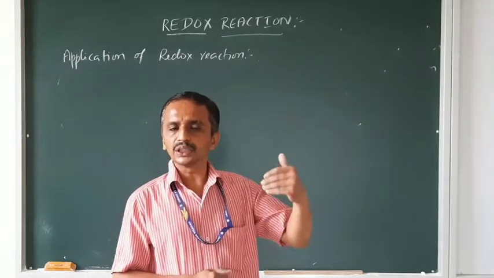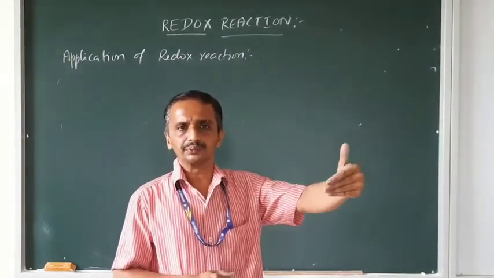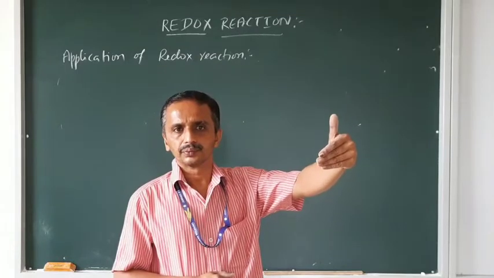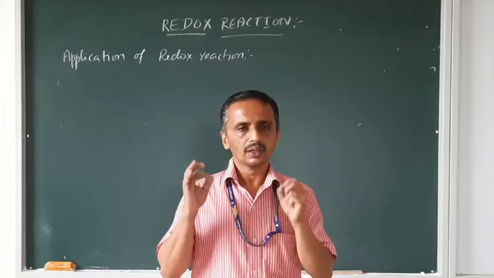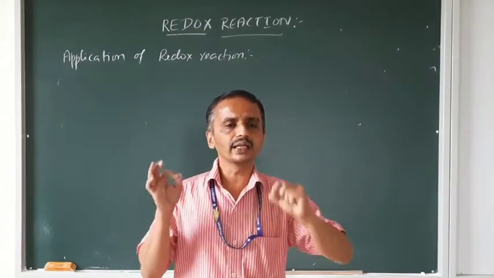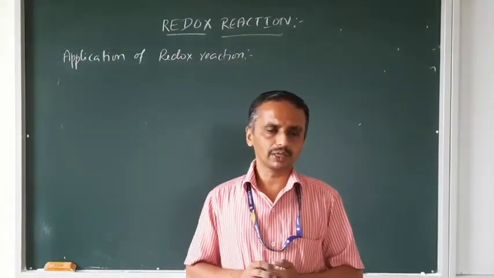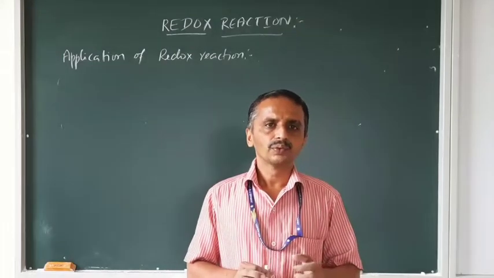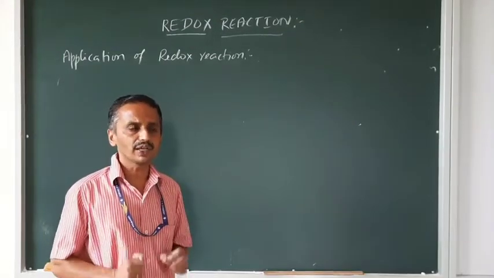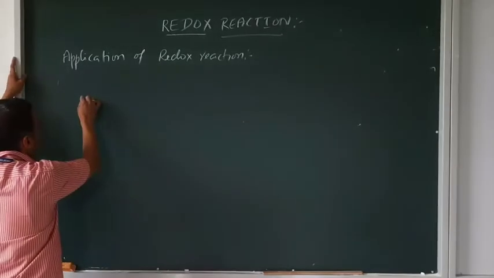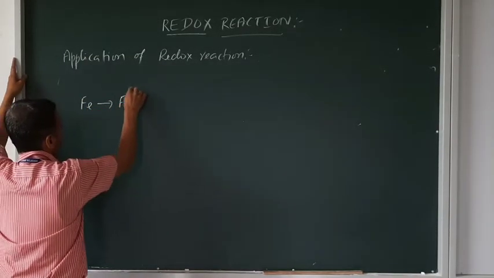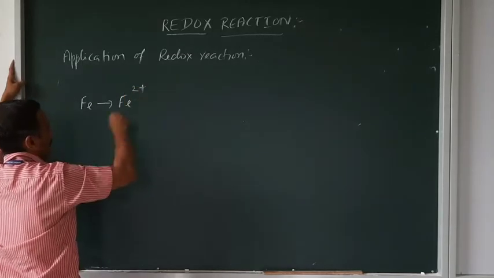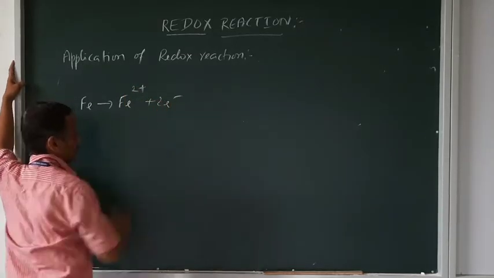Next, say the rusting of iron, which is the corrosion of the metal. By knowing the redox reaction, I can avoid the corrosion of the metal also. How does the rusting of iron take place? See, metal iron first undergoes oxidation to give Fe2+ ion with 2 electrons.